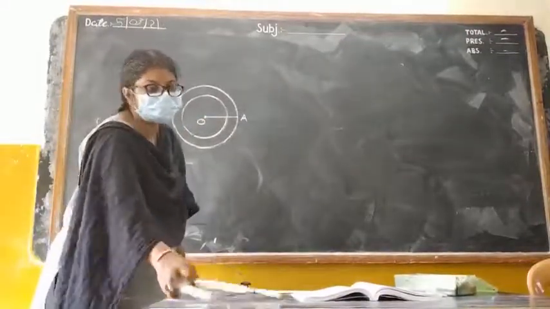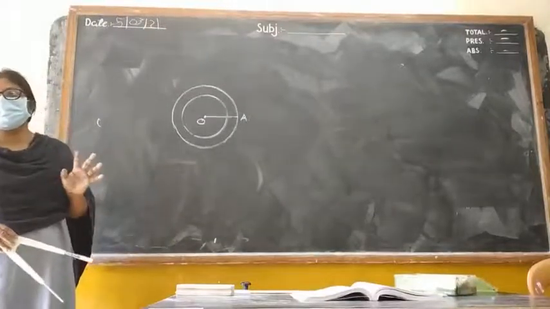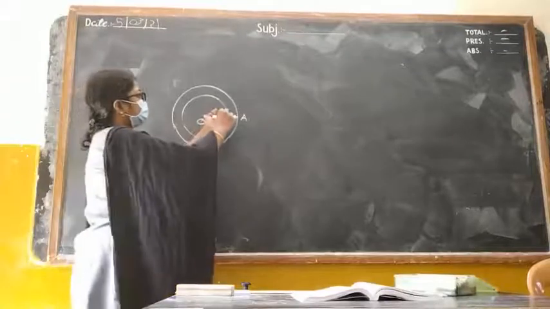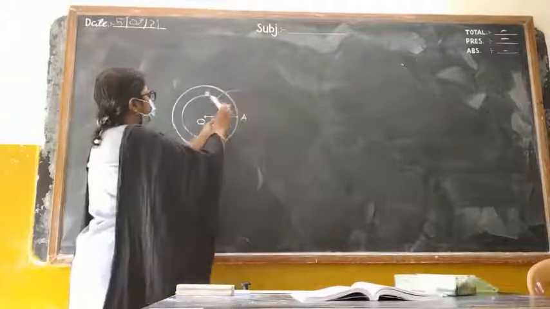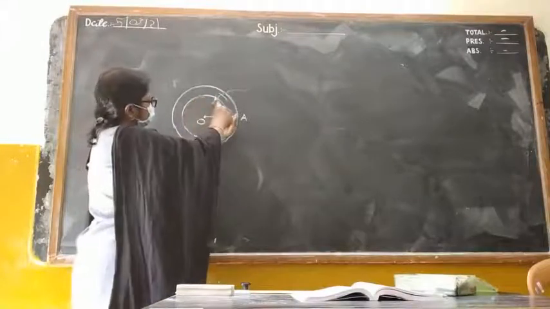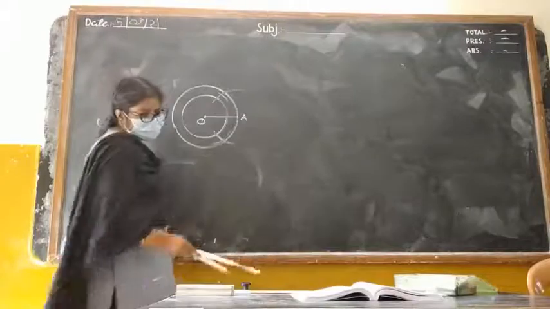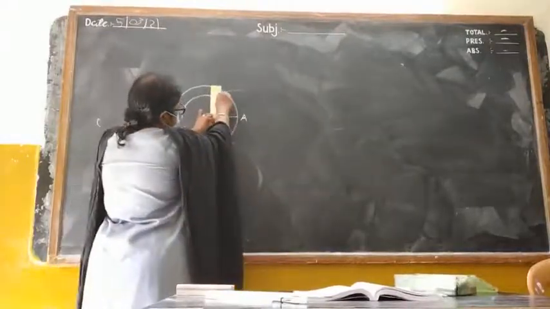Then the same procedure, draw the perpendicular bisector of OA. So more than half you have to take. Draw the perpendicular bisector.